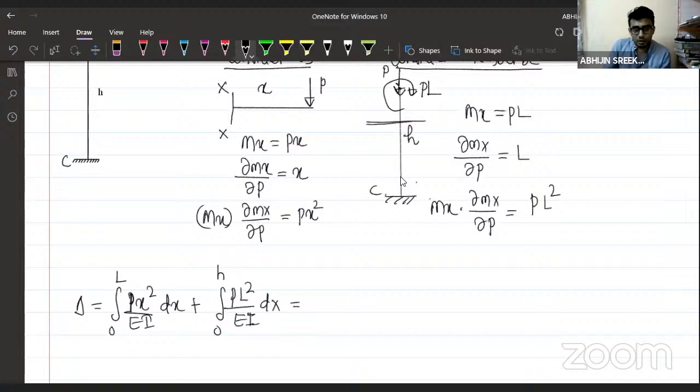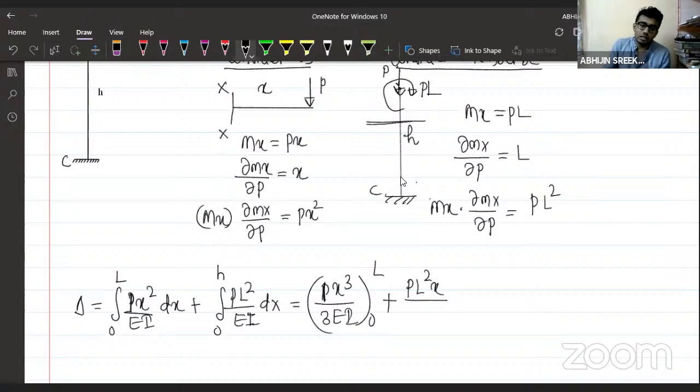So it will come out to be Px cube divided by 3EI, limit is 0 to L, plus PL square x divided by EI, limit here is from 0 to H. So it is PL cube divided by 3EI plus PL square H divided by EI.